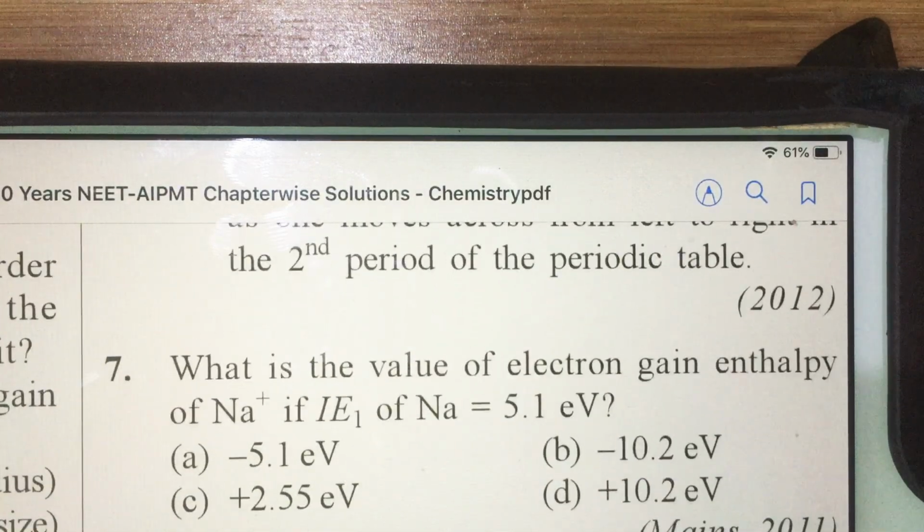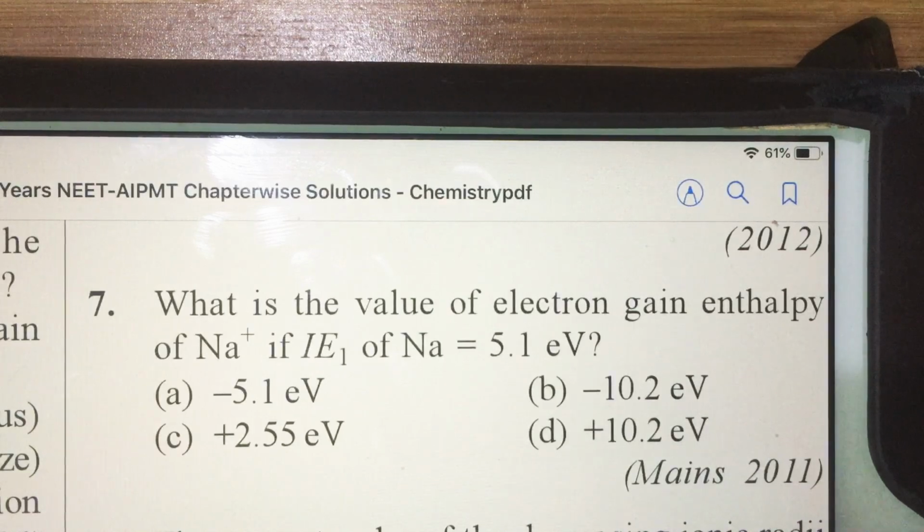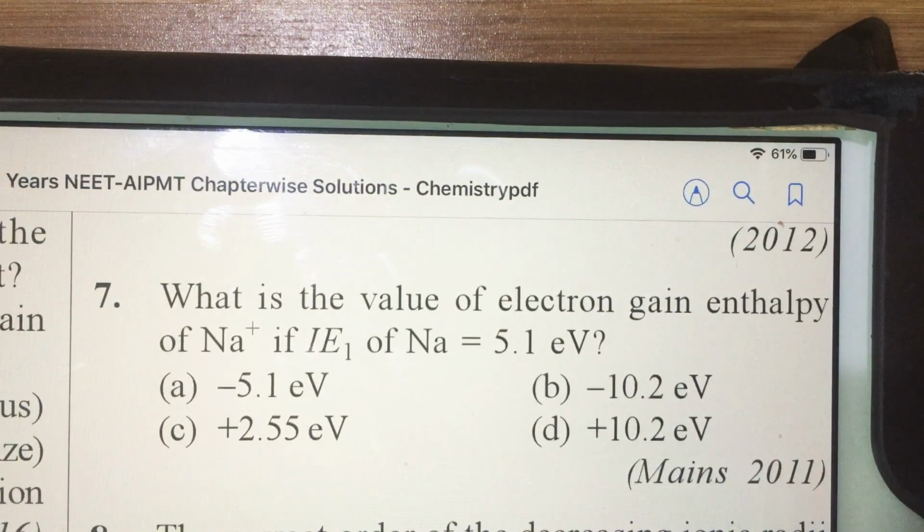Now let us look at question number 7. What is the value of electron gain enthalpy of Na+ if IE1 of Na is 5.1? The meaning of this question is to convert Na into Na+, you have to remove one electron. In order to remove the first electron, the energy required is called first ionization energy. That first ionization energy they gave as 5.1.